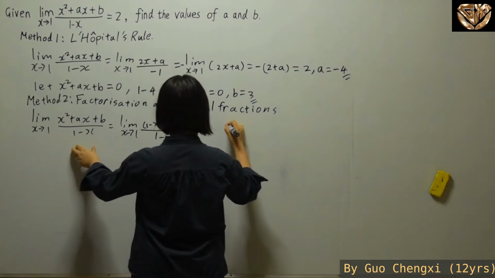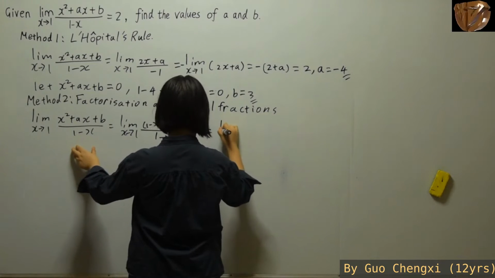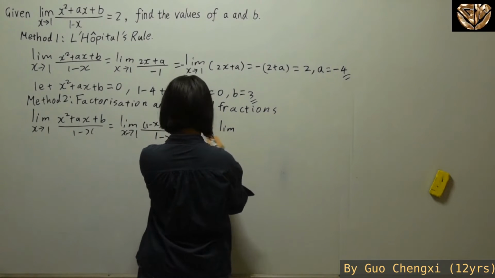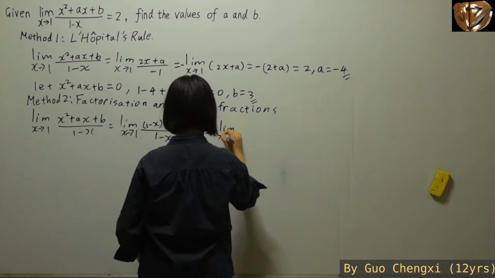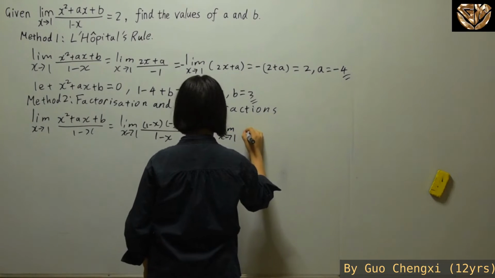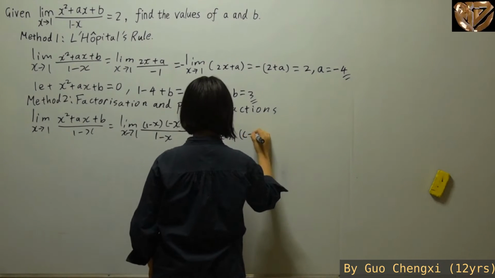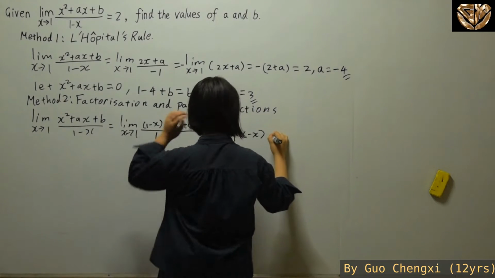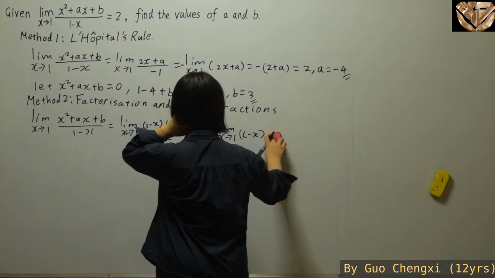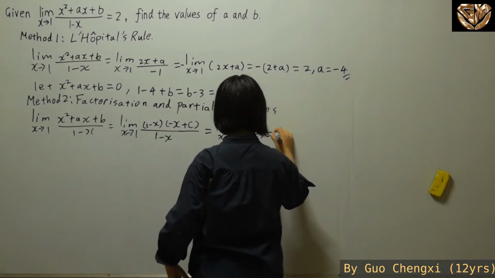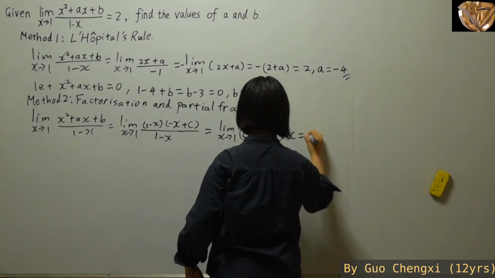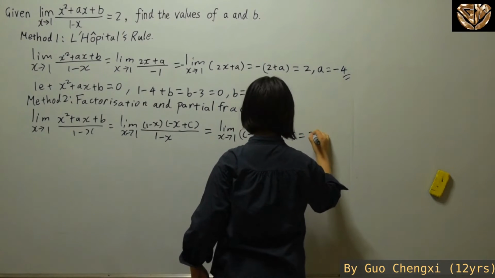So here these two simplify, and then you have this, which will be equal to 2, thus the C over here will be equal to 3.